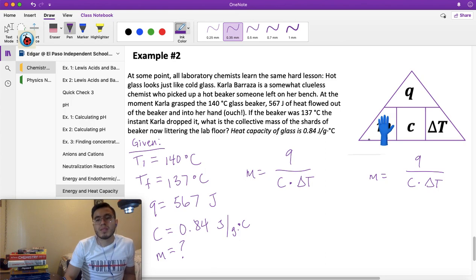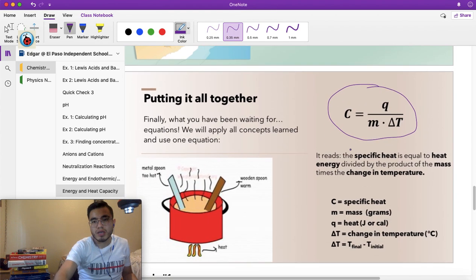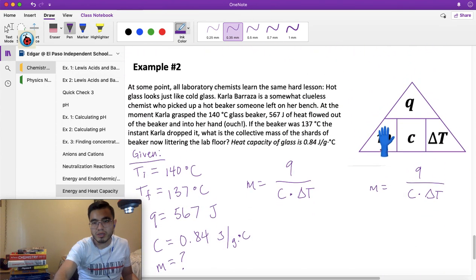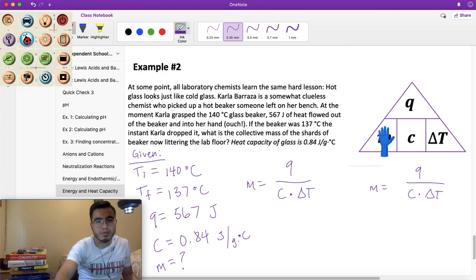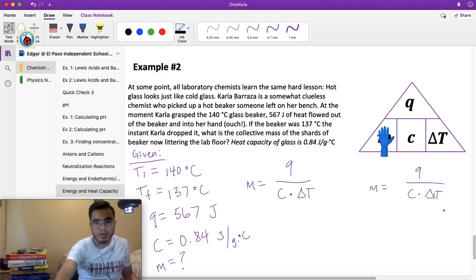Okay? And this works for our general equation, because it was C, let me show you, equals heat divided by mass times delta T, change in temperature. So if we needed C, cover it up, and yeah, Q equals M times delta T. Or if you want to change the temperature, just cover this one.